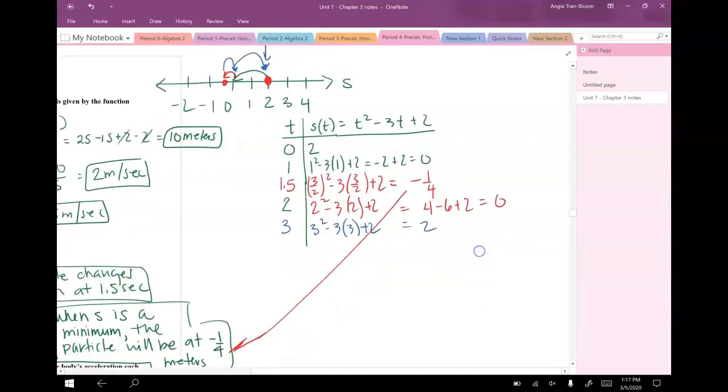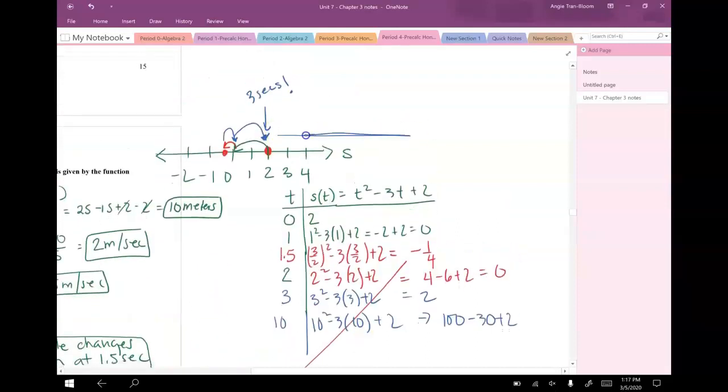What if I pick 4, 5, 6, 10 seconds later? Is it ever going to go to the left again? So when I pick 10 squared minus 3 times 10 plus 2, so this is really 100 minus 30 plus 2, so 72. So 10 seconds later, I'm all the way over here, which my number line doesn't hold.